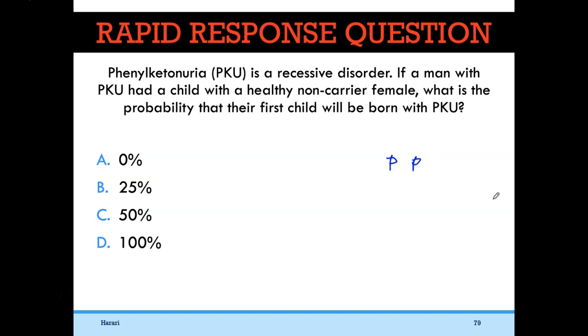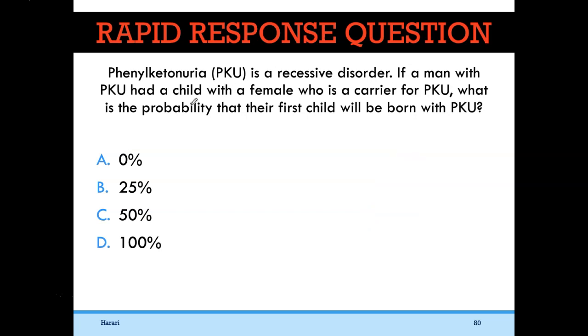And again, you can pick any letter you want for this. It'll give you the same answer. And he has a child with a healthy non-carrier female. Means she has to be big P, big P. That means all the children will have big P, little p, which is healthy. Meaning this is A, 0% chance that the child will be born with PKU.